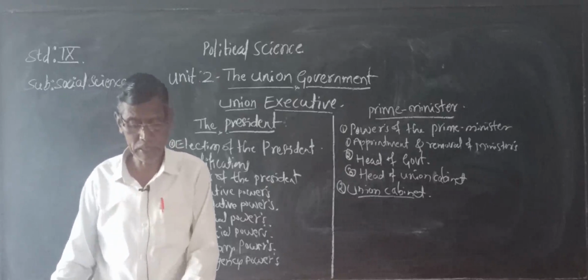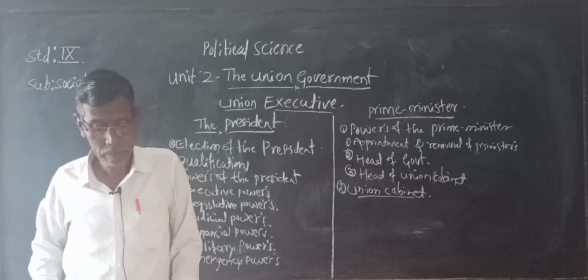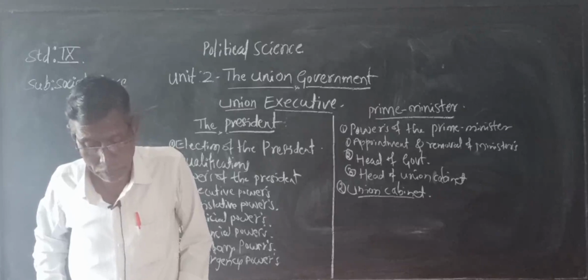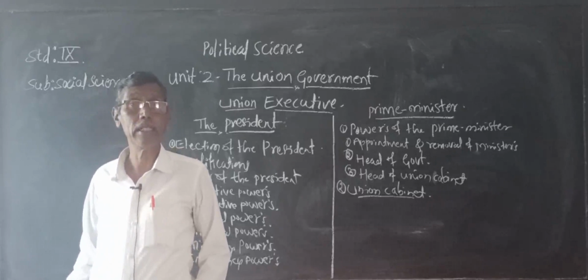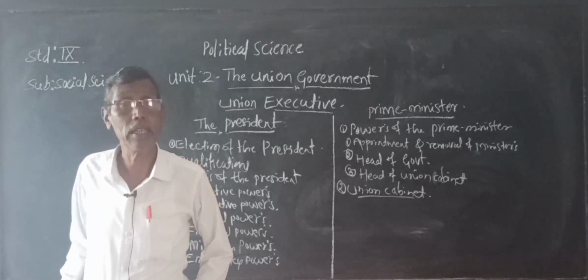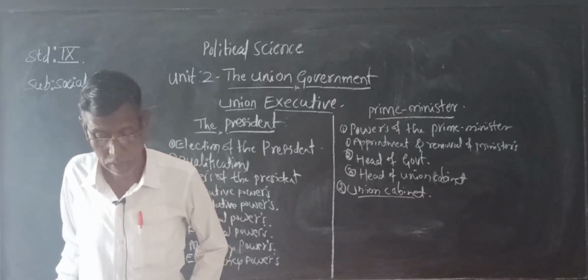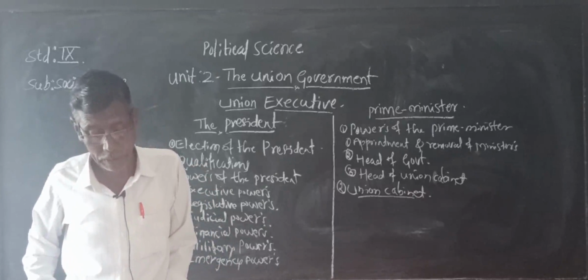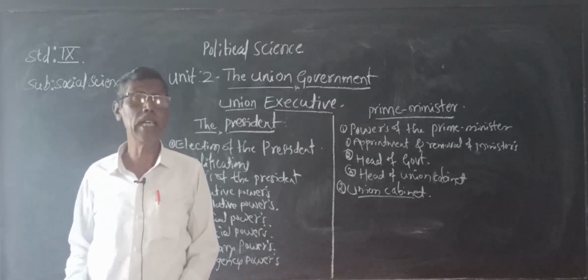Now the powers of the Prime Minister. The Prime Minister recommends to the President the appointment of the ministers, the cabinet ministers and the Council of Ministers. He also allocates the various portfolios among the ministers.